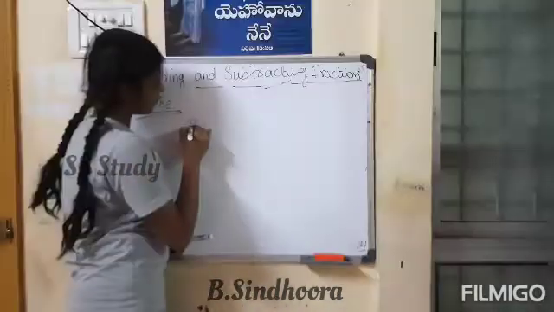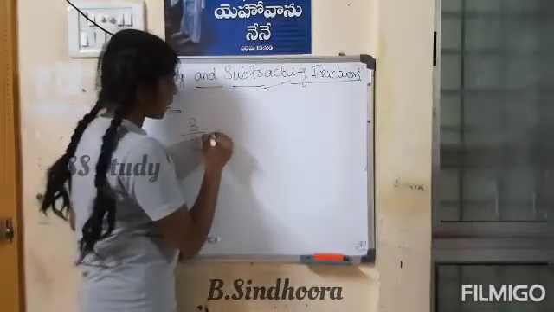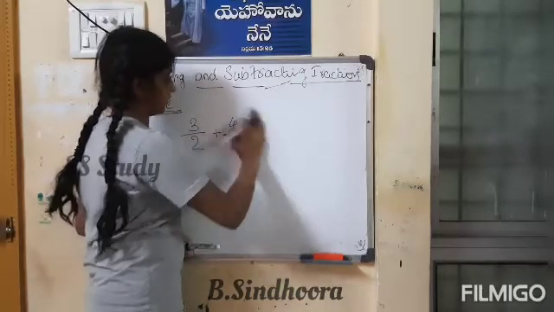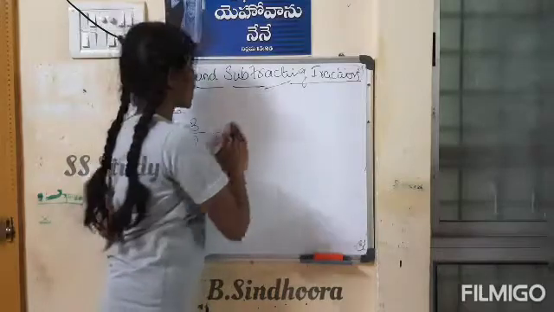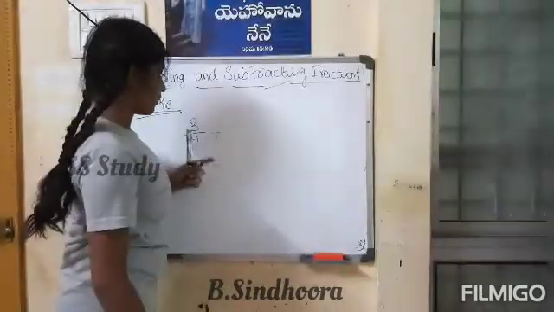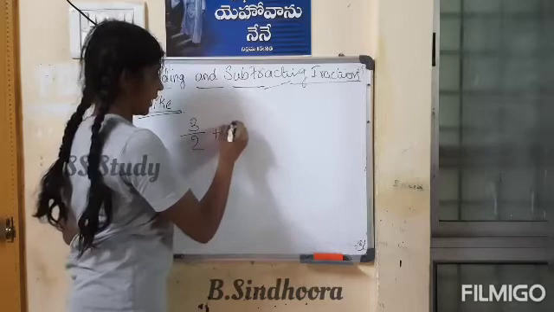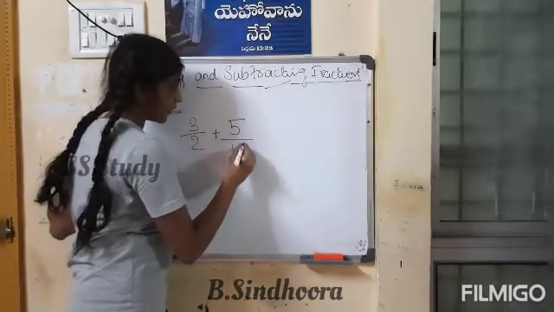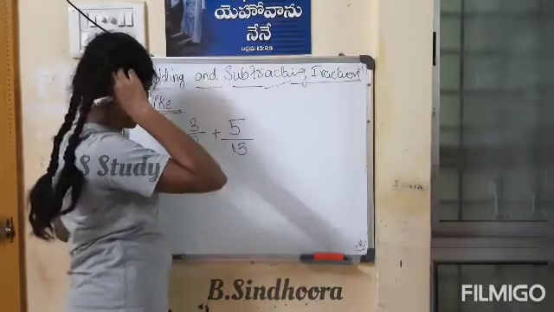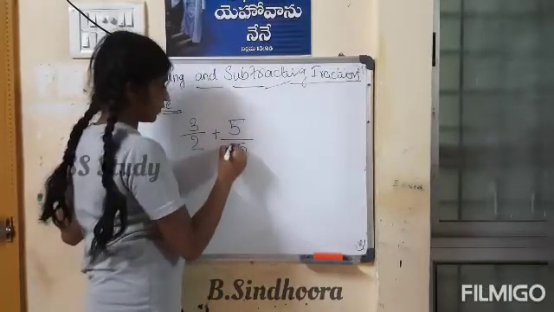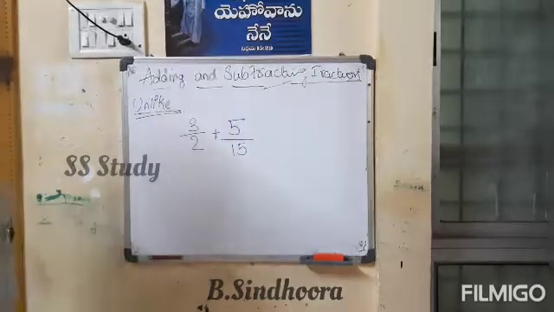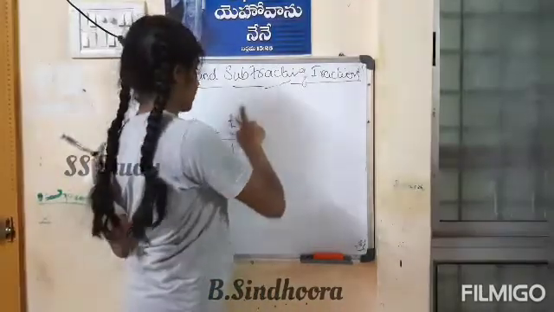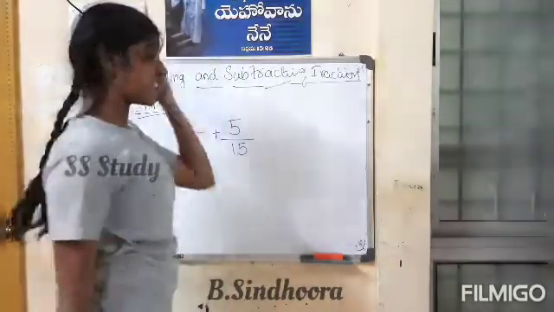If I give 3 by 2 plus 5 by 15, these are unlike fractions. Proper or improper, don't worry. Just check whether they are like or unlike.